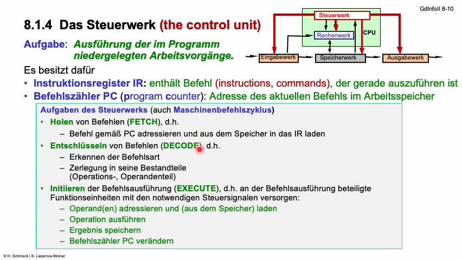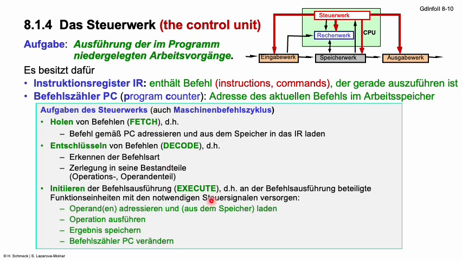At the end of the fetch operation, the program counter points to the next instruction that will be executed at the next cycle. Then we have the decode step, in which the control unit interprets the instruction, and during this cycle, the instruction inside the instruction register gets decoded.